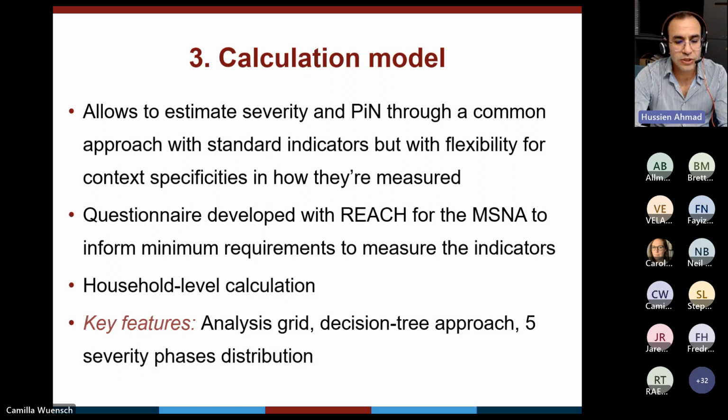The decision tree is based on the definition of severity phases. So we have translated that into severity 1, 2, 3, 4, 5, and for each pillar we have one severity score, and then they are combined together to have the final severity score at the household level, and so on at the area level, and calculate the PIN.